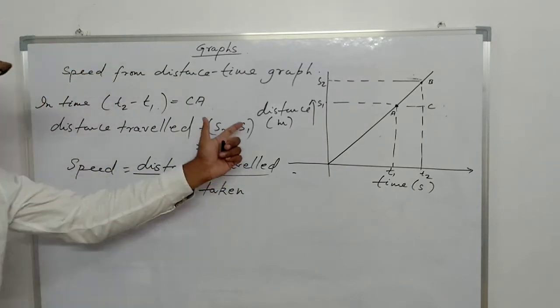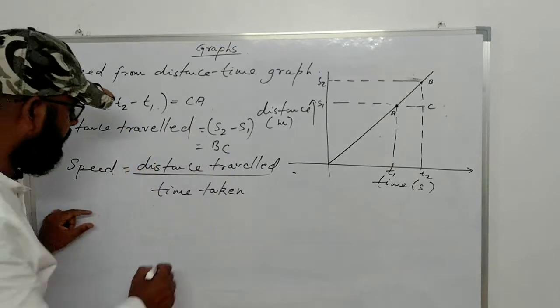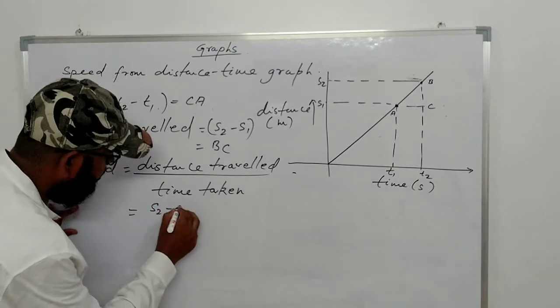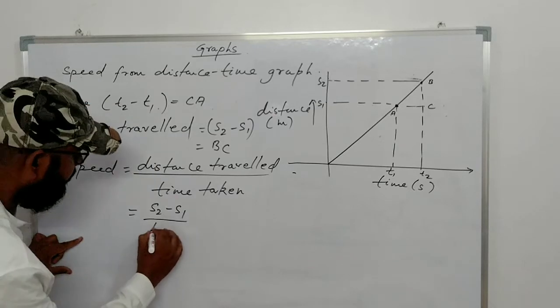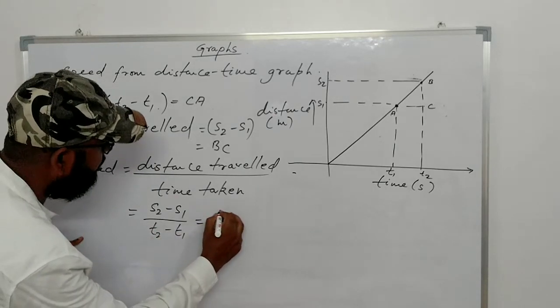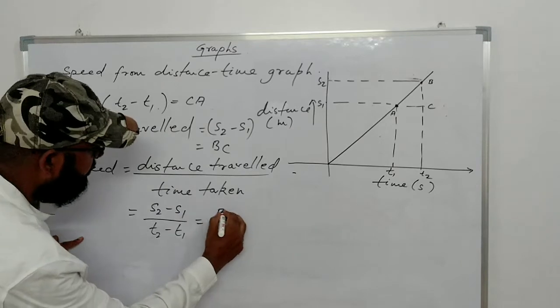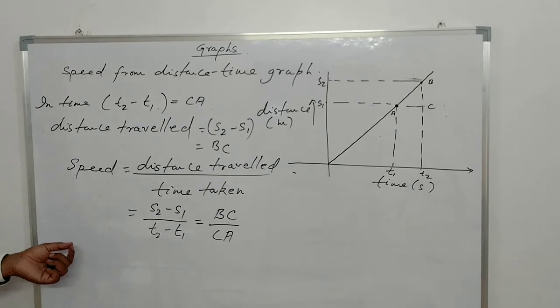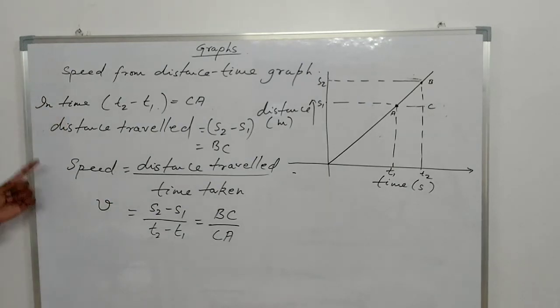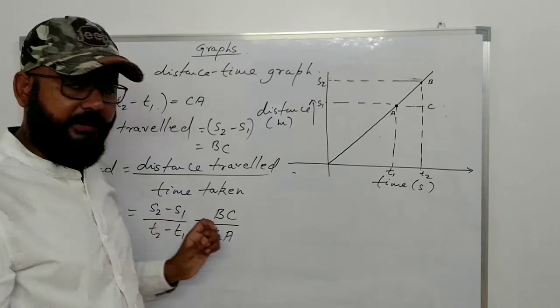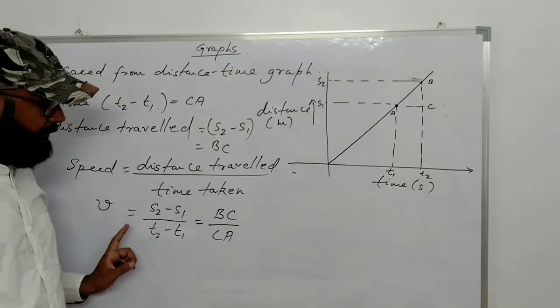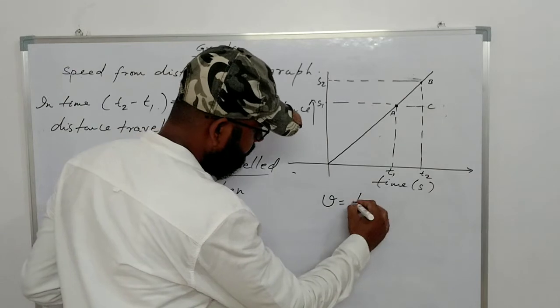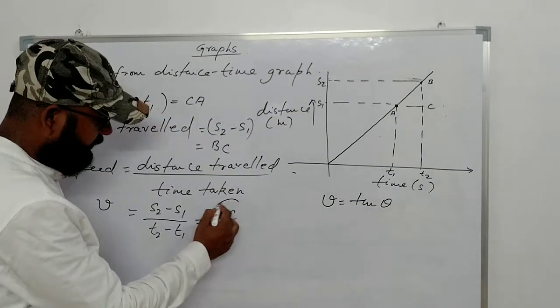You can write s2 minus s1, or you can directly write BC also, but write s2 minus s1, and the time taken is t2 minus t1, and that is equal to BC upon CA. Okay, so this is the speed of the body from the distance time graph. Got it? In some books it is written v is equal to tan theta also. This is the slope.